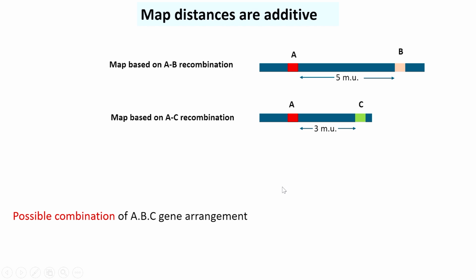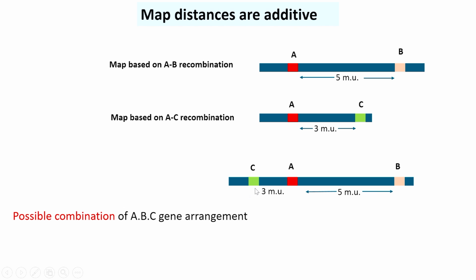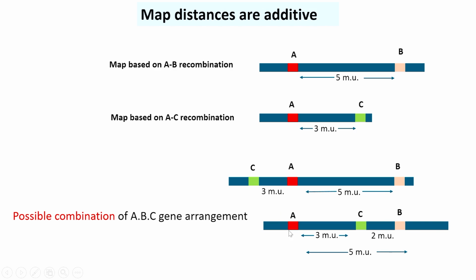So in that case, you can make one combination like this: put A in the center, C on one side of A and B on the other side of A. It is fine because A is 5 map units apart from B and A is 3 map units apart from C.